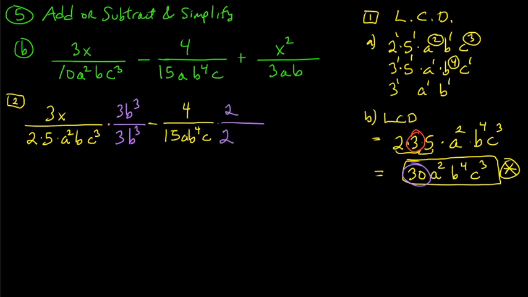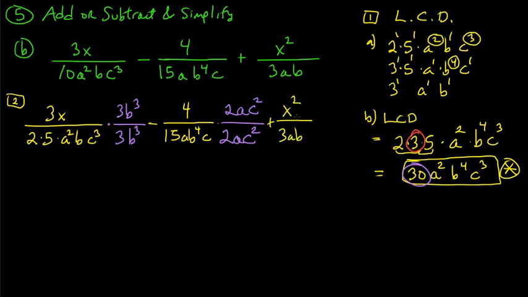We only have a, we need a squared, so we need another a, right, top and bottom. We have b to the 4th, so we don't need any more b's. We have a c, but we need c to the 3rd, right? So we need 2 more c's, c squared. Right. And then finally, we have x squared over 3ab.